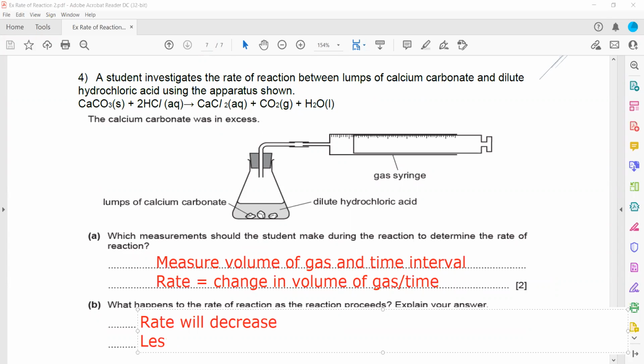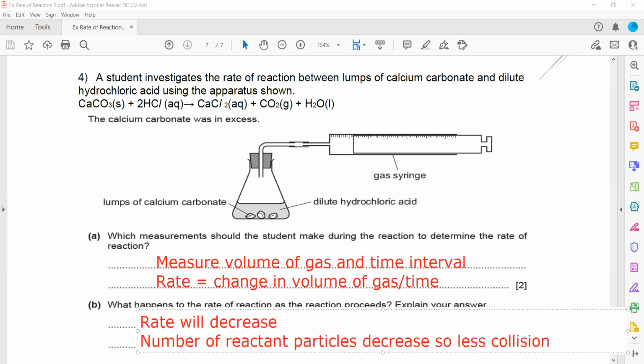In the beginning you will have the maximum number, so the number of reactant particles decreases, so less collision results in a decrease in rate of the reaction. In the beginning you will have more particles of calcium carbonate and hydrochloric acid, but with the passage of time, because these particles are reacting and forming a product, the number of reactant particles is decreasing. That's why the rate of the reaction will also decrease.